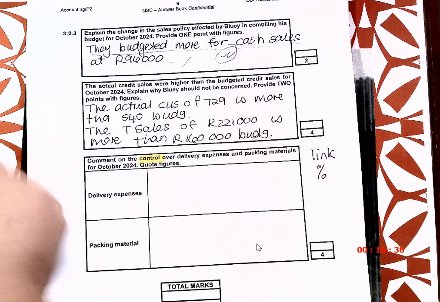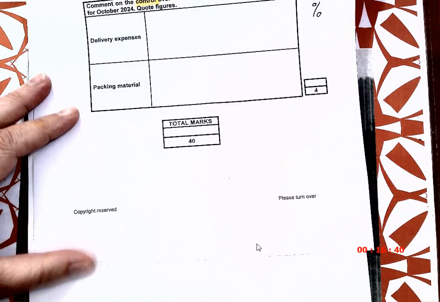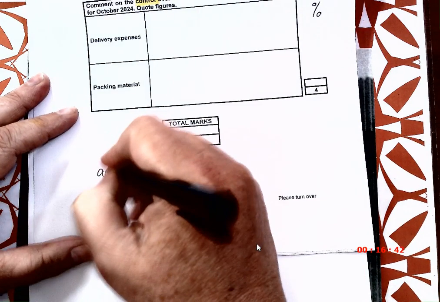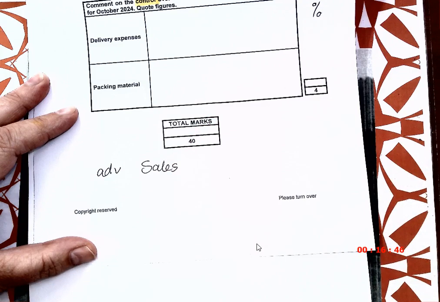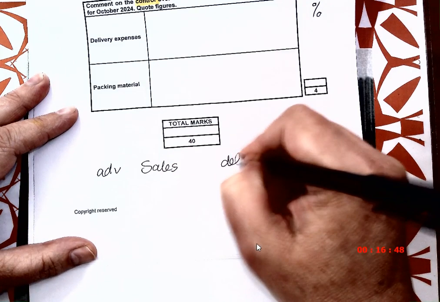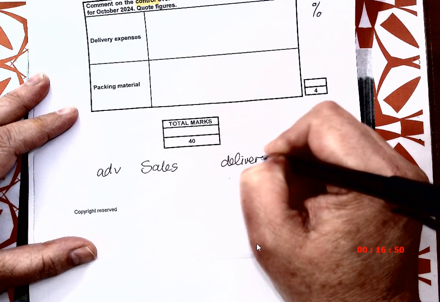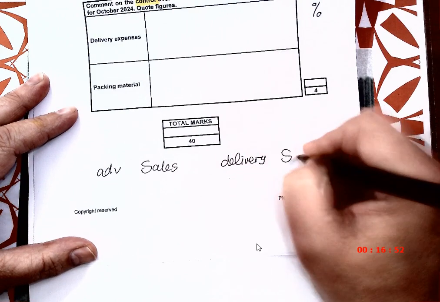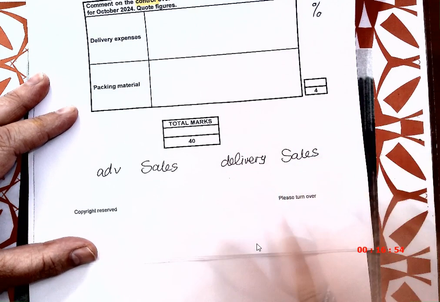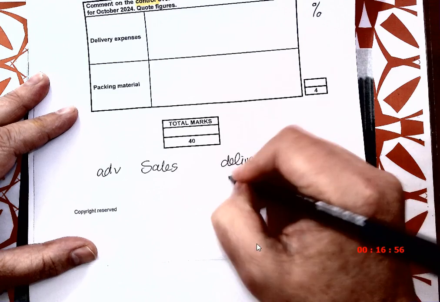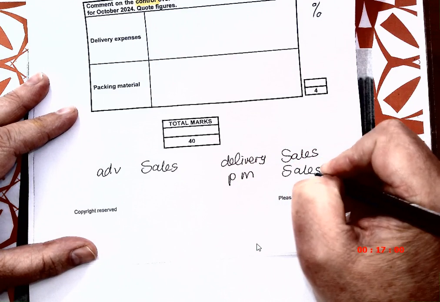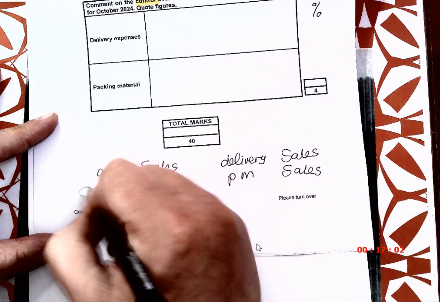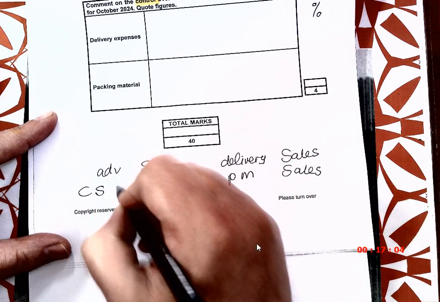Now what can you link? Let's just quickly think, what can we link? The most obvious is advertising and sales. Delivery to clients and sales. Those are things you can learn. Packing material and sales. Consumable stores and fee income.